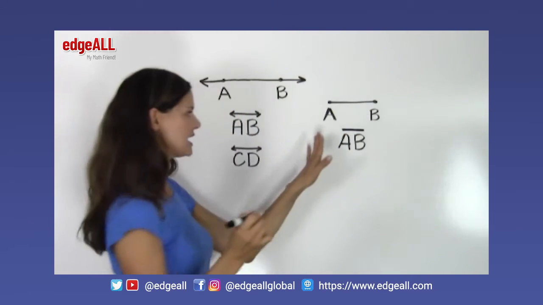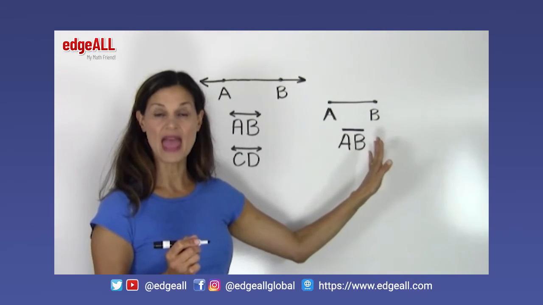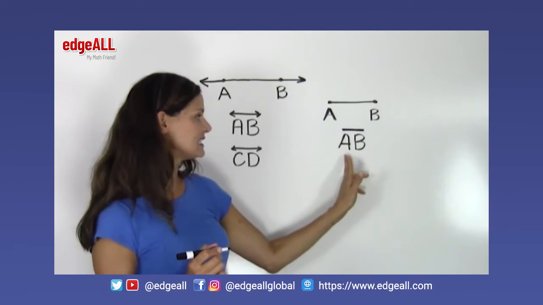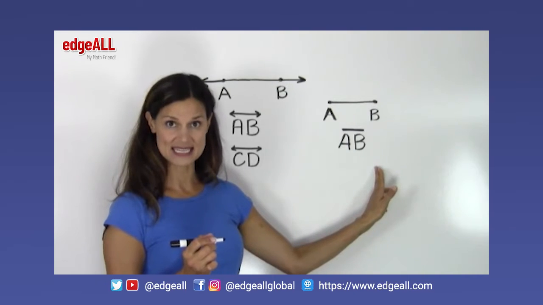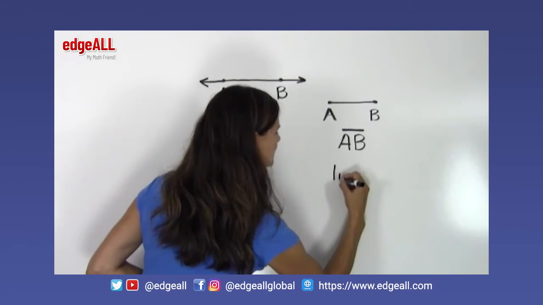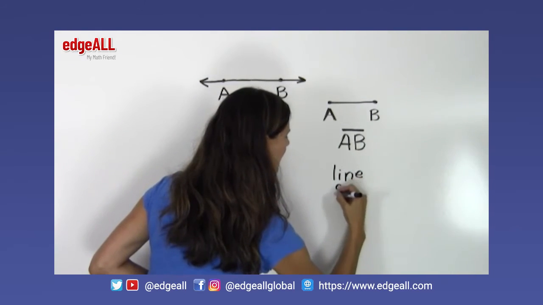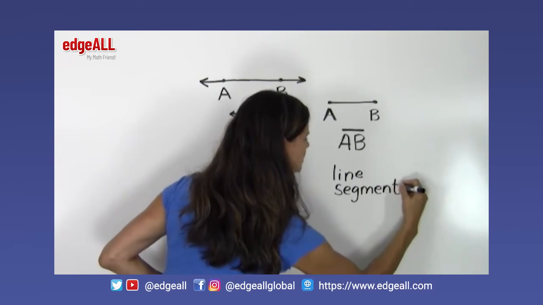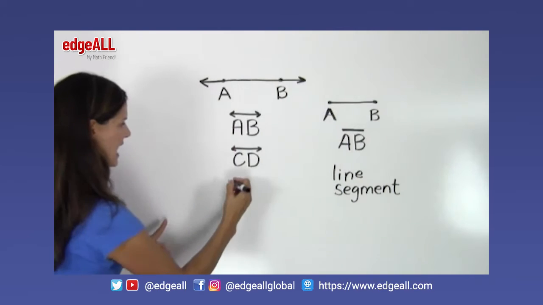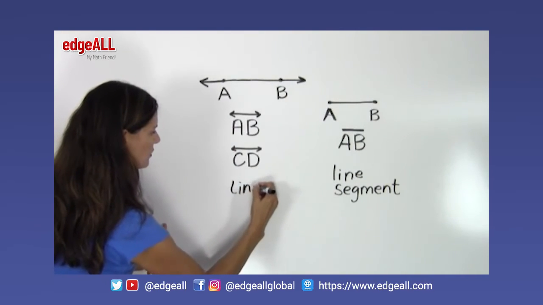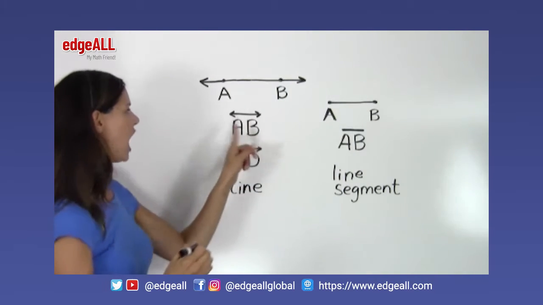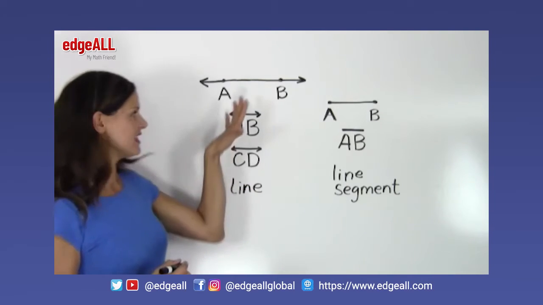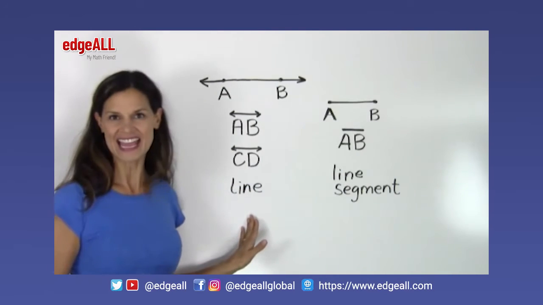We just draw a straight line across the top, and that indicates that this is a line segment, AB. So we have here line segment, so it's just a certain part of the line, and over here with the arrow on the top going in both directions, this indicates a line.